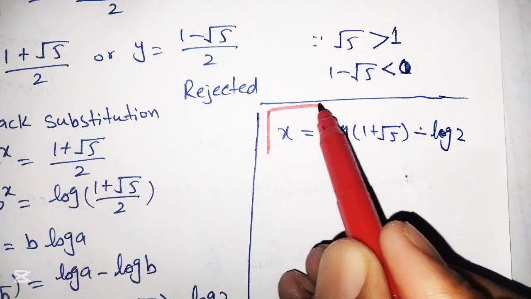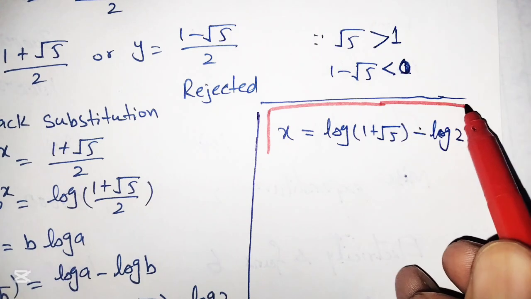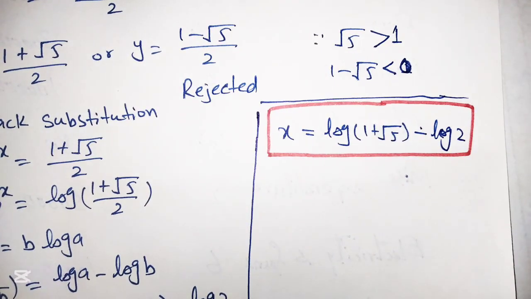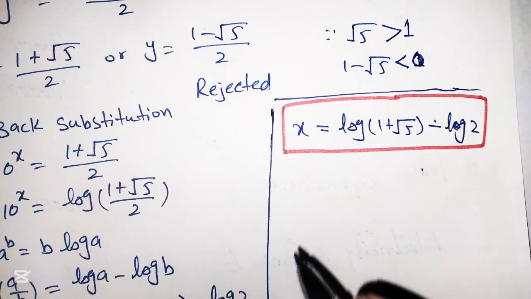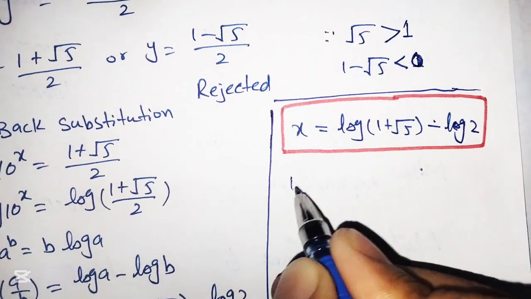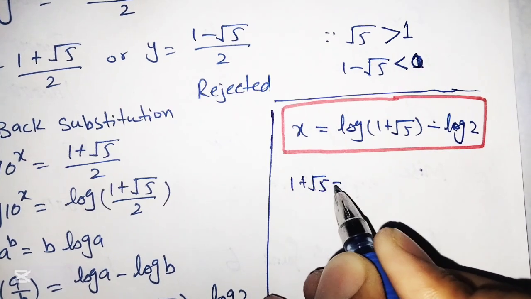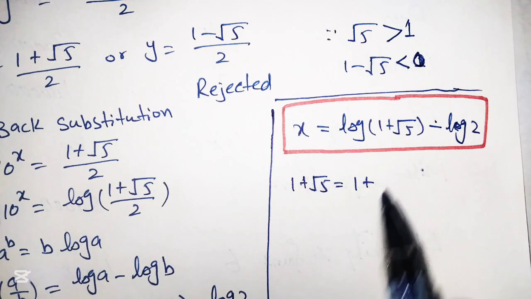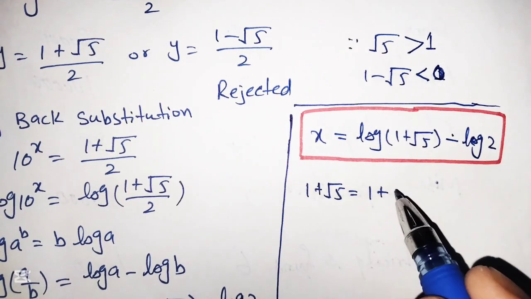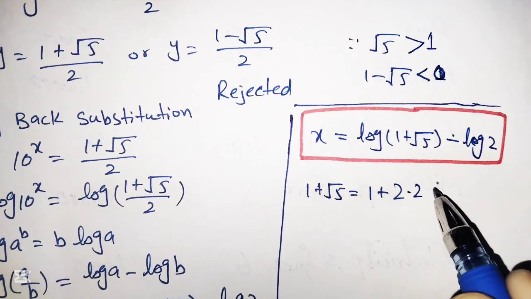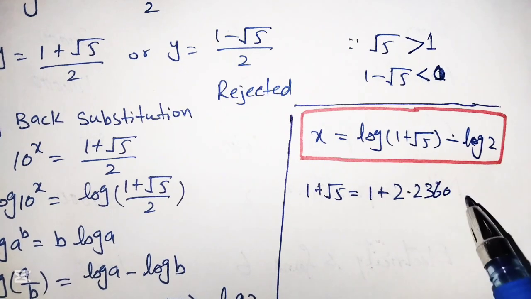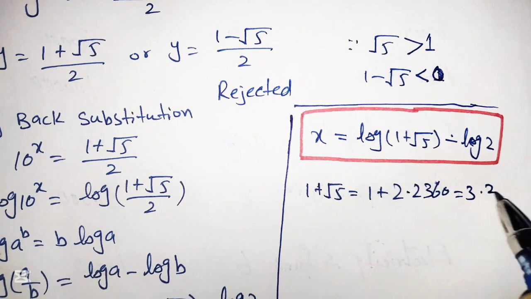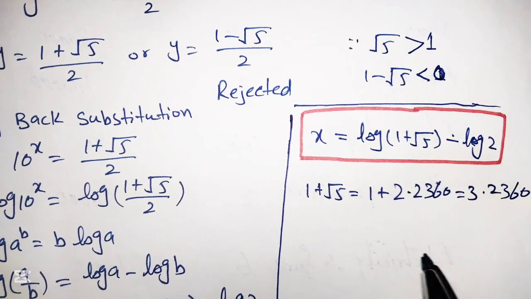Now if we want to calculate this value, we put in the numerical values of these terms. 1 plus square root of 5 is equal to 1 plus the value of square root of 5, which is 2.2360, so it becomes 3.2360.